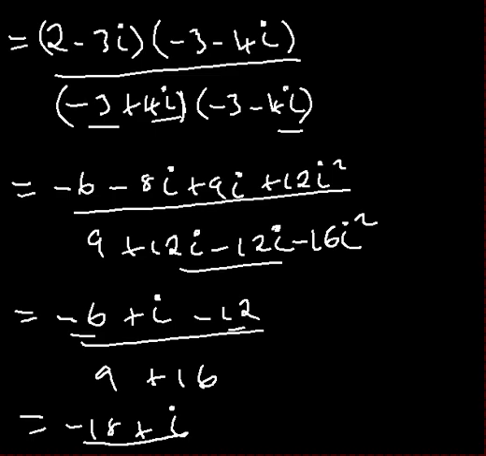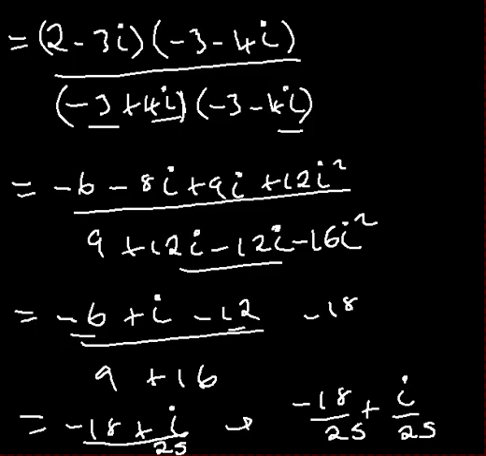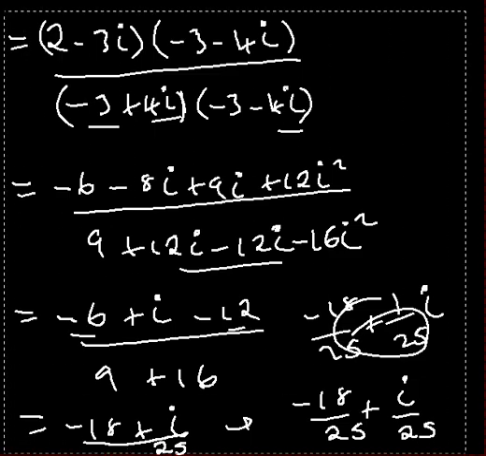So we have it over 25, which is the same as negative 18 over 25 plus i over 25, the same as negative 18 over 25 plus 1 over 25 times i. That is the same as that. So that's the basic idea behind the division of complex numbers.